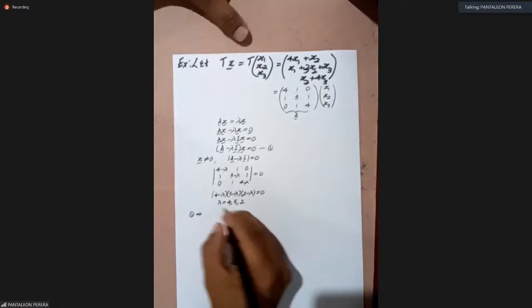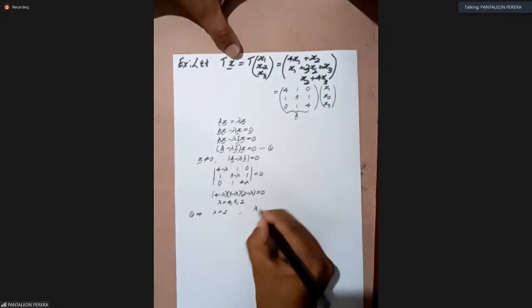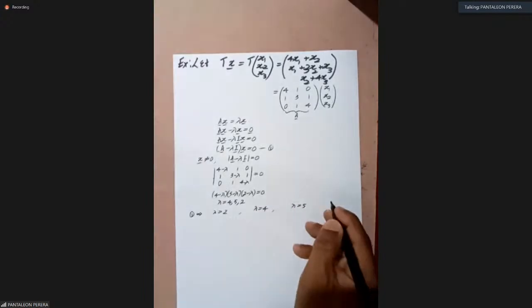Then you can find the eigenvectors from equation 1. I'll write the eigenvector straight away. With lambda is 2, I mean, you have to do some work here, but we went through one example last time.